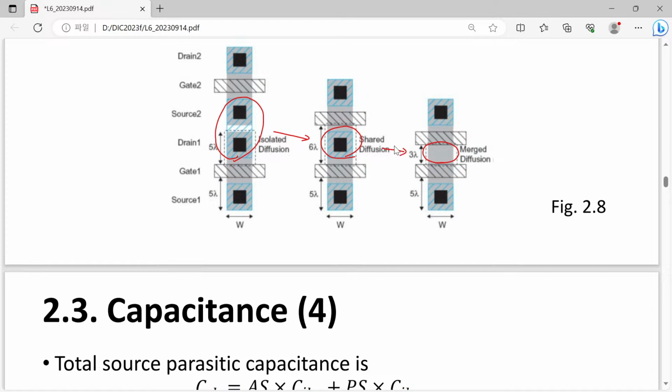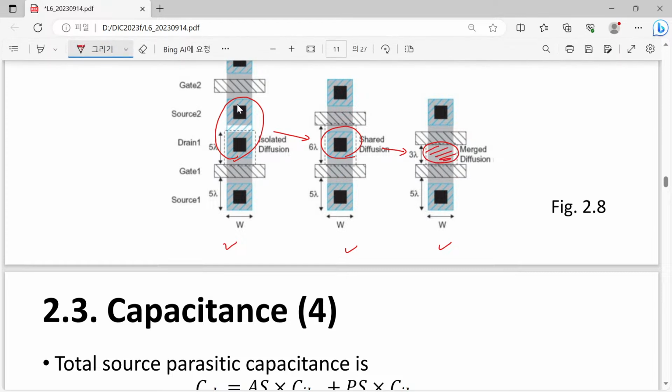Then please consider what will happen to these three different cases. Since the area is smaller than this larger one, the capacitance between this diffusion region and our substrate will be decreased.